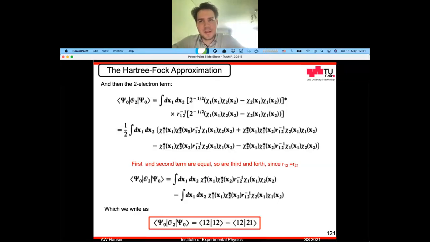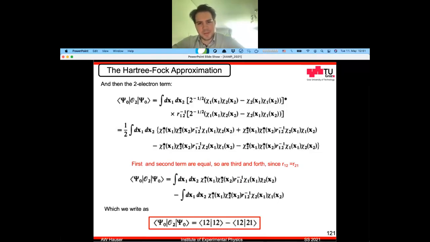So this has a classical interpretation that would be the simple Coulomb type interaction. And due to our normalization of the determinant, we have this factor 1/2. But since these two terms are identical, it gives us 1/2 plus 1/2 giving 1, the first expression here.